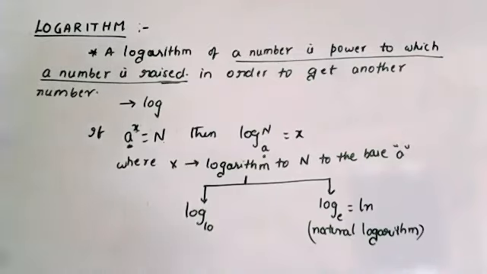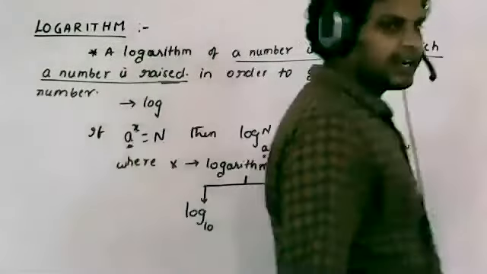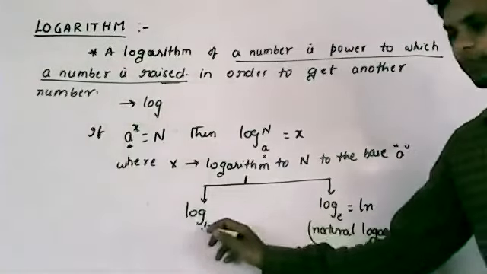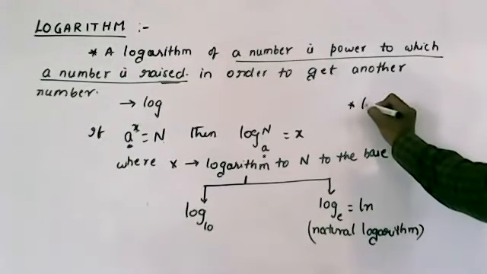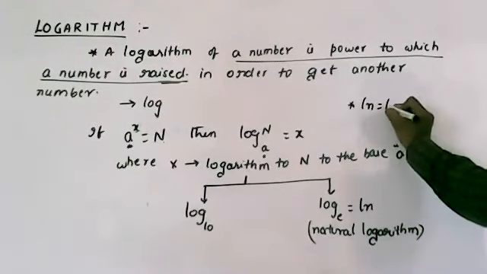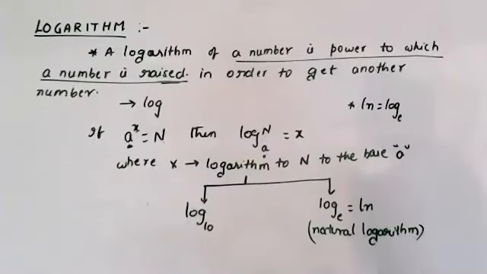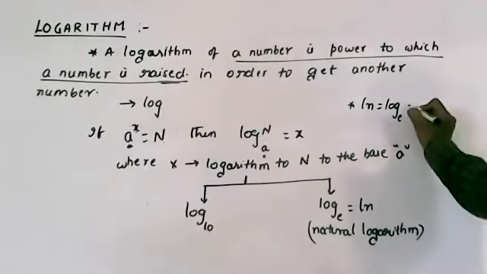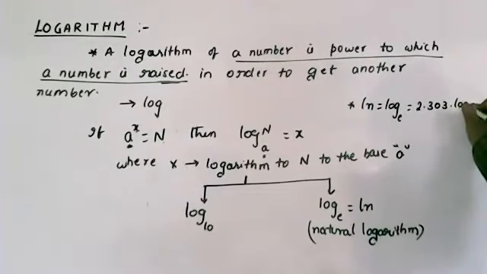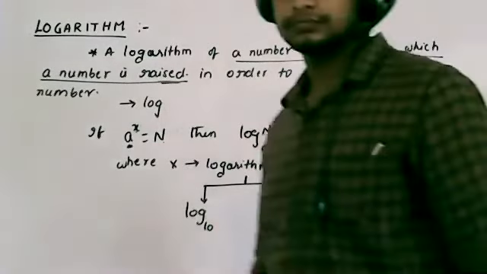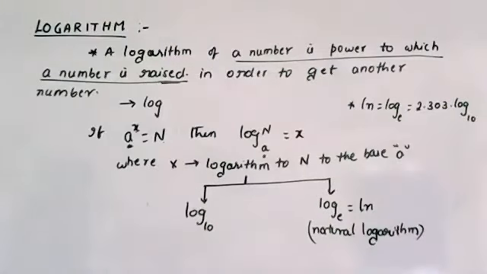So what is the relation between the natural logarithm and log base 10? ln is nothing but log base e, which is equal to 2.303 into log base 10.